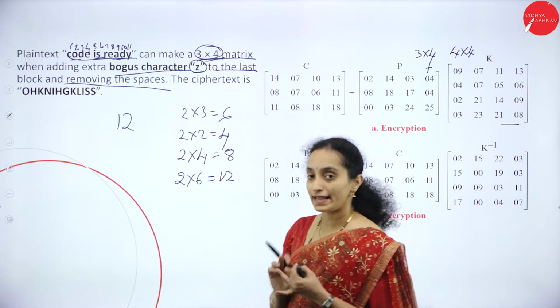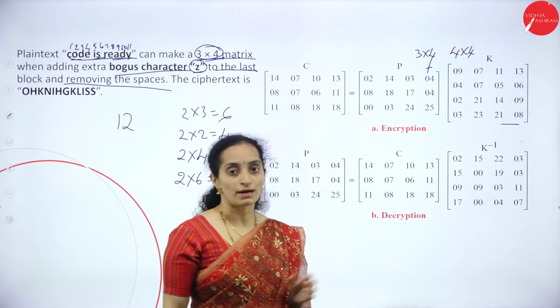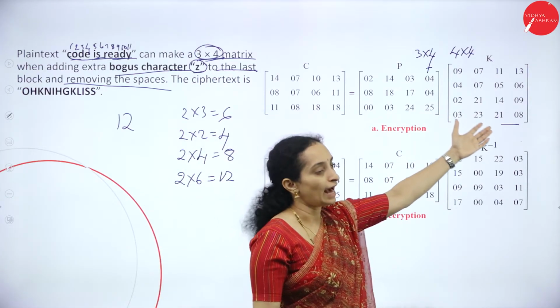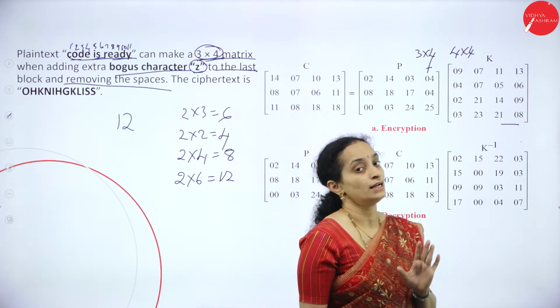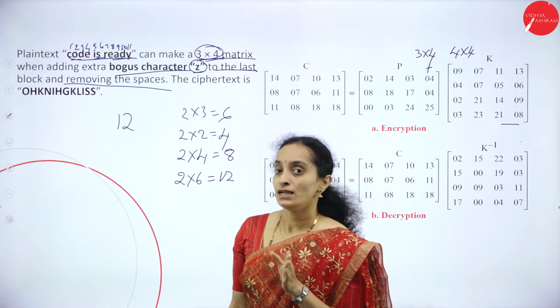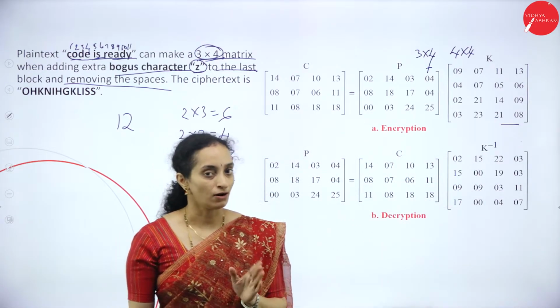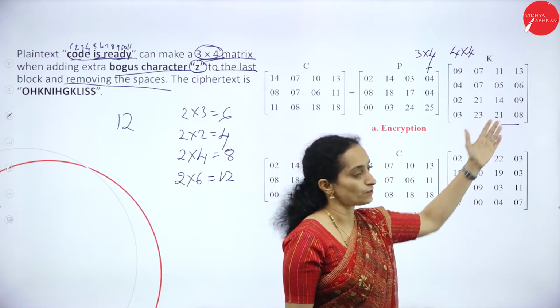As I said, in Hill cipher, we need to have the multiplicative inverse. How many numbers can be considered for multiplicative inverses? Only 12 numbers.